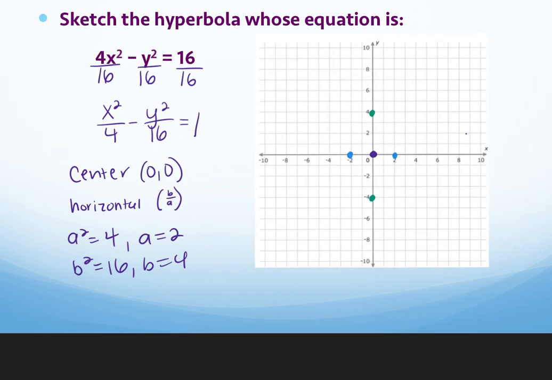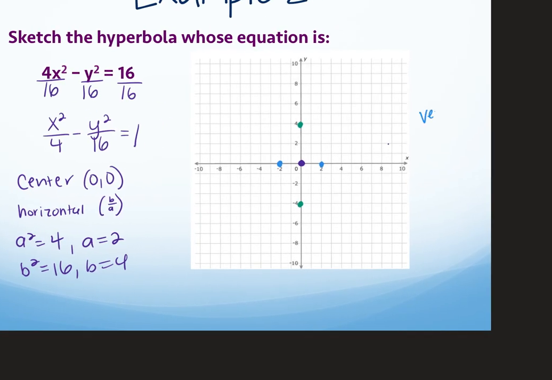All right, so I went right and left the 2, which are your vertices. So negative 2, 0, and 2, 0. I went up and down the b, which was 4. So 0, 4, and 0, negative 4, my co-vertices. I'm going to make that little box and find the corners of that box.